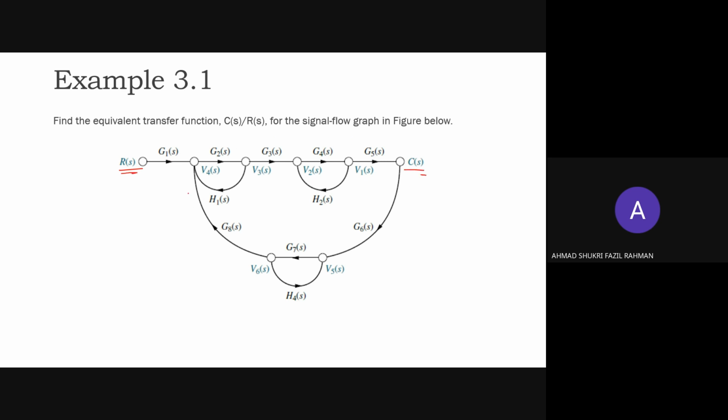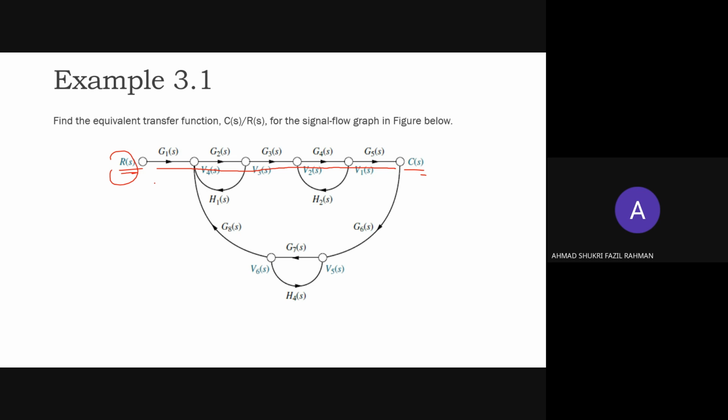So the forward path is the route that starts from the input here and moves in the direction of the system, from here to here to here, up to the output.